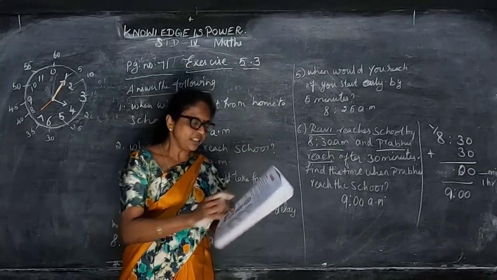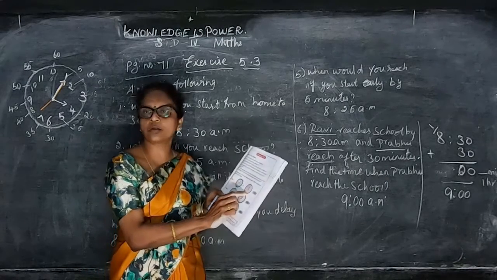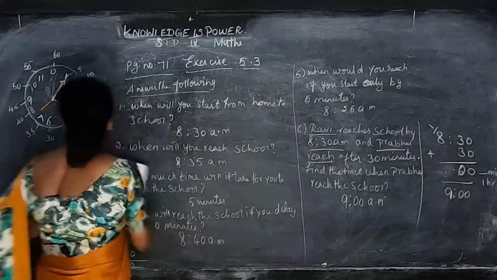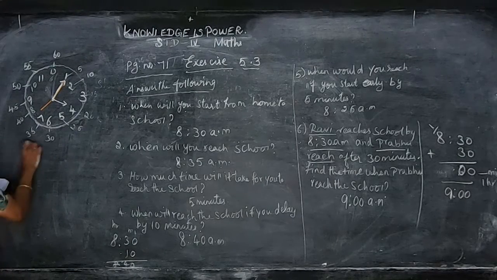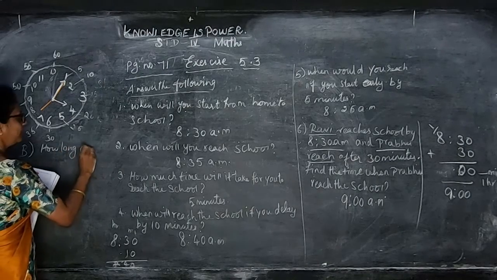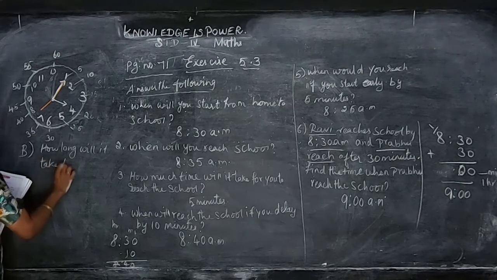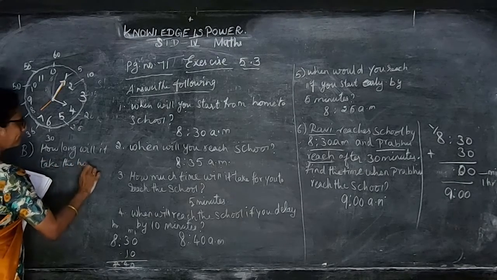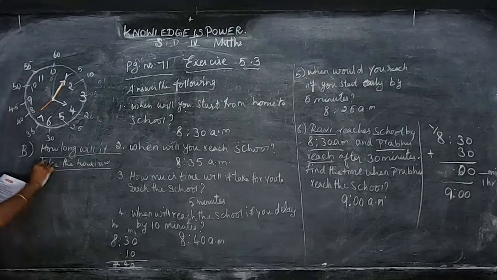Next one is, yeah, they are given the 2 clocks here. First one is from 9 o'clock to 6 o'clock. How many hours will it take? Here I will write B. How long will it take? The hour and to reach to his position.